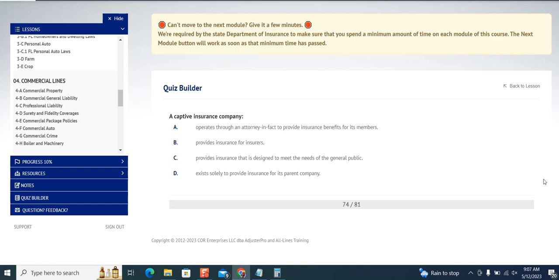A captive insurance company. Captive insurance company, captive agent. All this captive word. What does that mean? A captive insurance company operates through an attorney-in-fact to provide insurance benefits for its members. Provides insurance for insured.